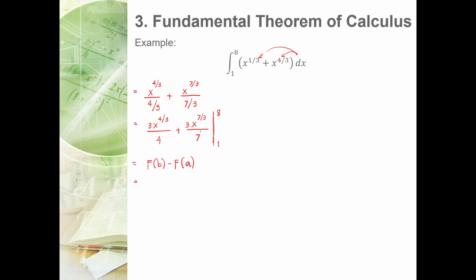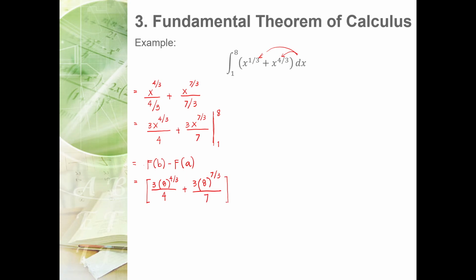Again, starting with the upper limit, this becomes 3 times 8 to the power of 4/3 all over 4, and then plus 3 times 8 to the power of 7/3 all over 7.